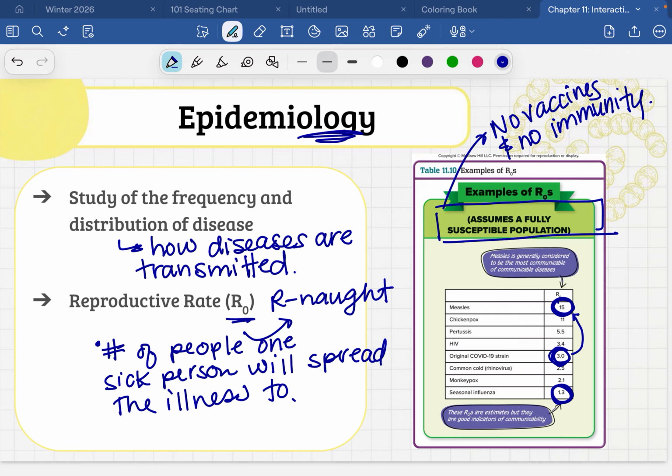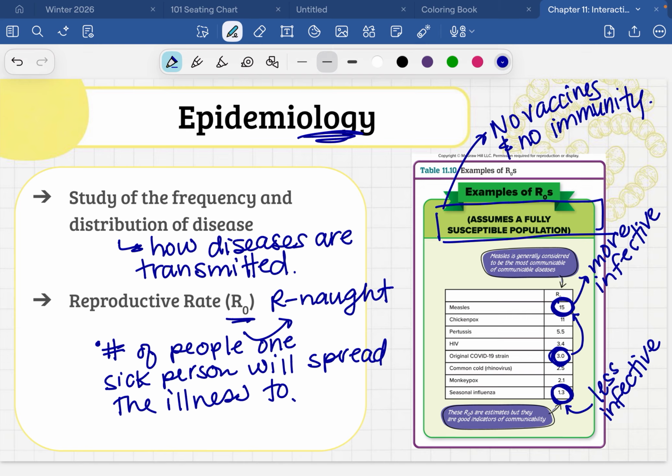So an organism that has an incredibly high reproductive rate is going to be more infective or more contagious, if you want to think about it that way. And the seasonal influenza, which has a lower reproductive rate, will be less infective. Okay? And then the other ones will all kind of be in between.